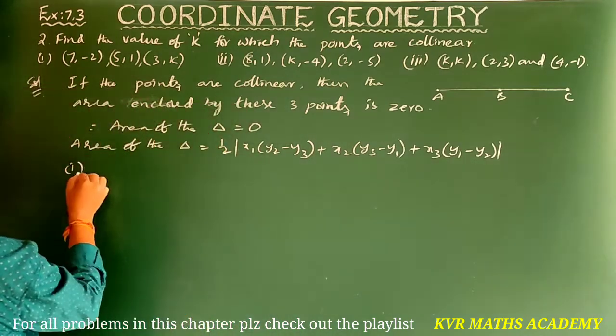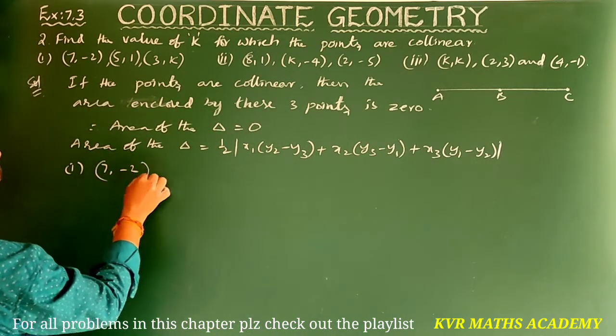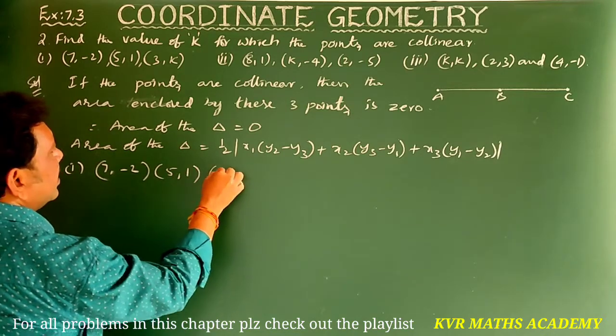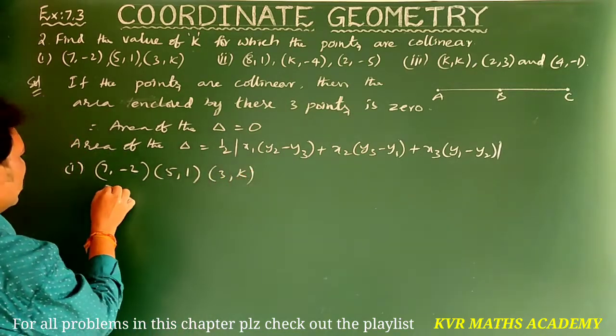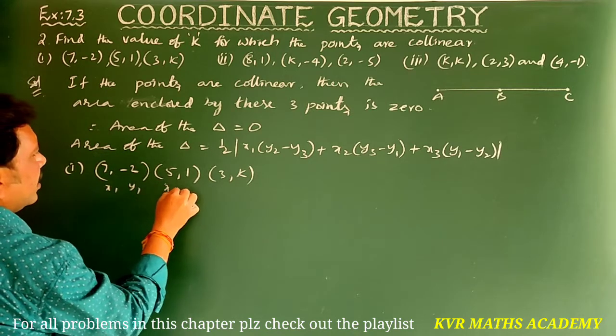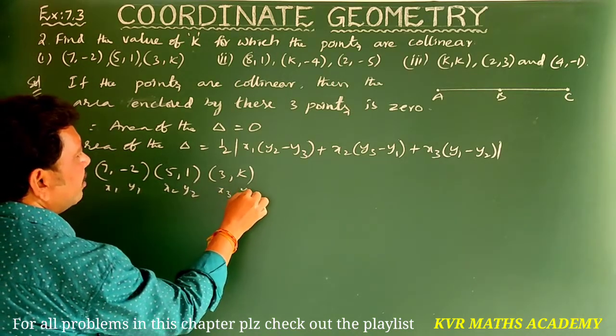Okay, first one: (7, minus 2), (5, 1), (3, k), let us take. So this will be (x1, y1), (x2, y2), (x3, y3).